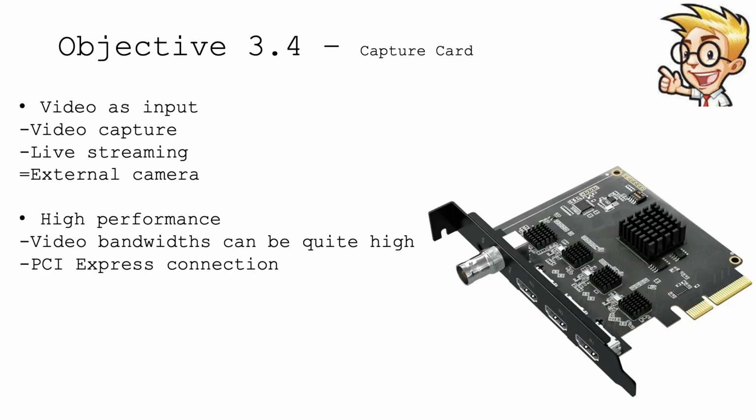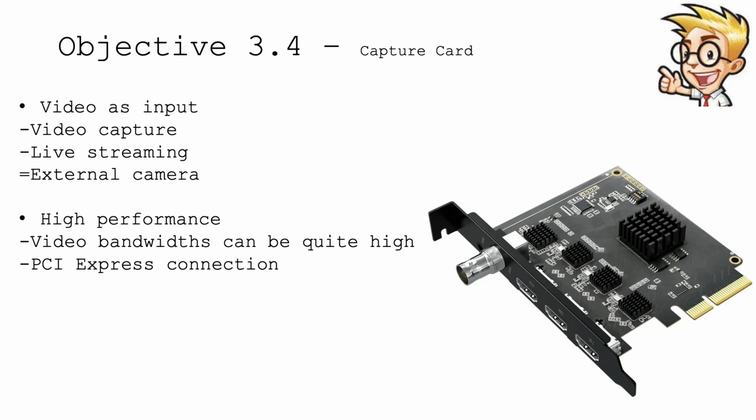But on the other hand, if we don't want to output video, what if we want to input it into our system? In that case, you would need a capture card. You may need this to capture video, to provide live streaming, or some other type of activity. Video information is quite large. It's a lot of data.